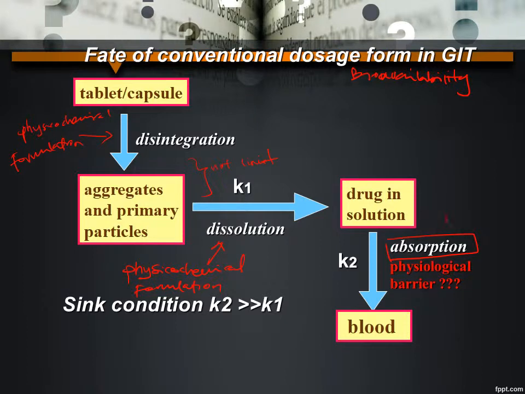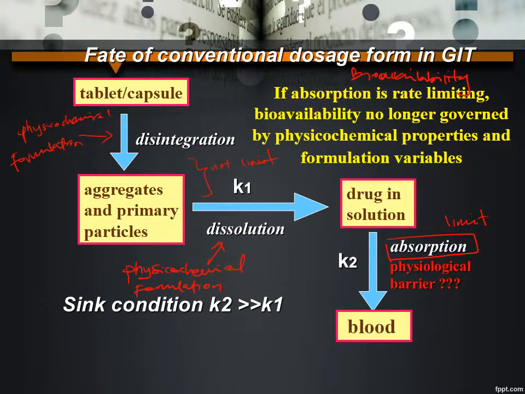And if both of these are not rate limiting, and the rate limiting step is in absorption, then bioavailability is no longer governed by the physical chemical properties of the formulations. Let's say you are given a drug which has a problem in drug absorption.